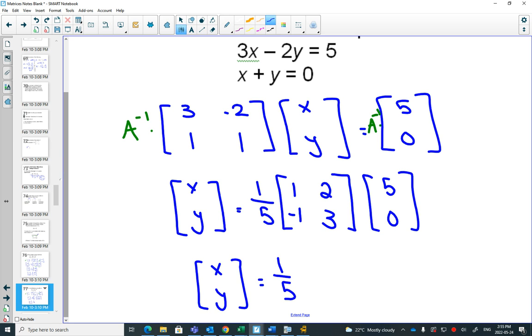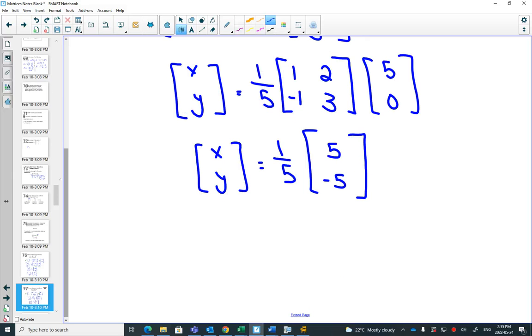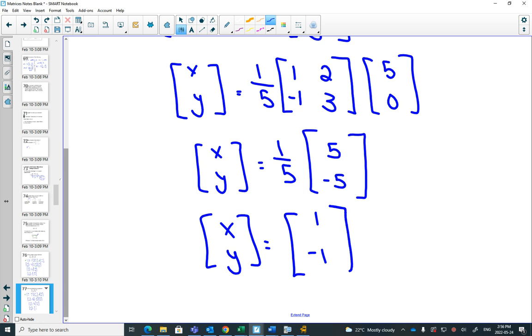Again, I keep that 1/5. If I multiply these through, 1, 2 times 5, 0 will just be 5. Negative 1, 3 times 5, 0 will be negative 5. And we find out that x has to be 1 and y has to be negative 1.